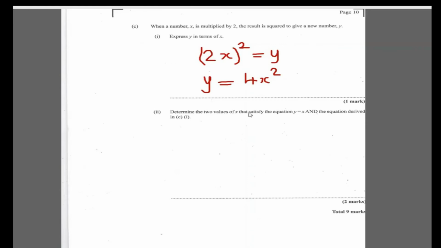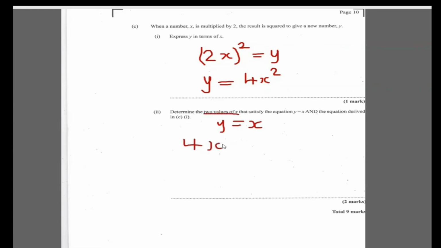So that's how we get the 4x squared. Now determine the values of x that satisfy the equation y equals x and this equation. So they're telling us that we have another equation, y is equal to x. Now if y equals x and y equals 4x squared, then it says determine the two values of x that will satisfy this equation.